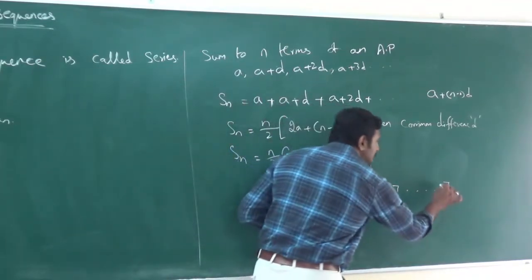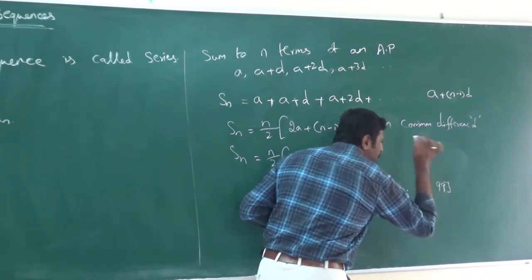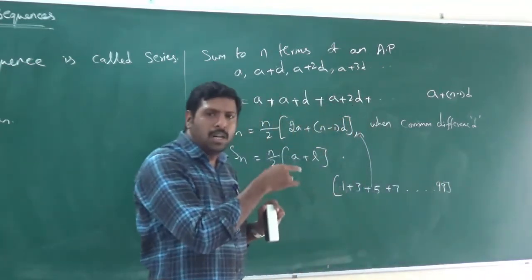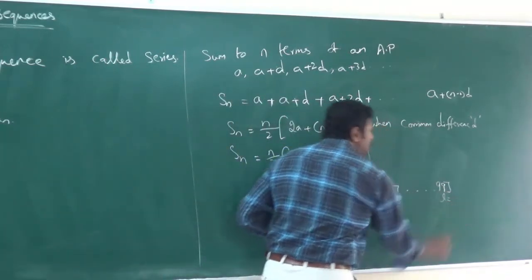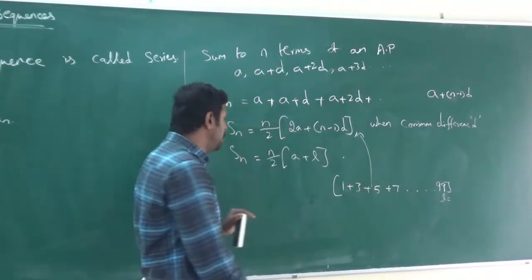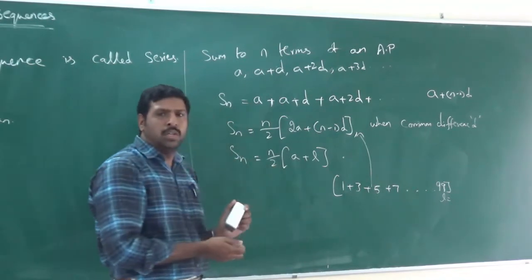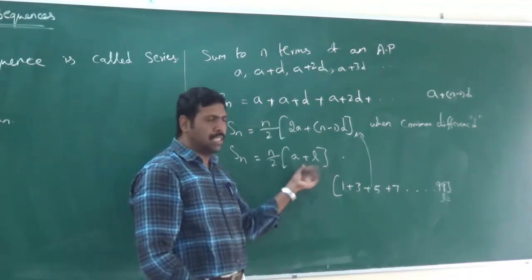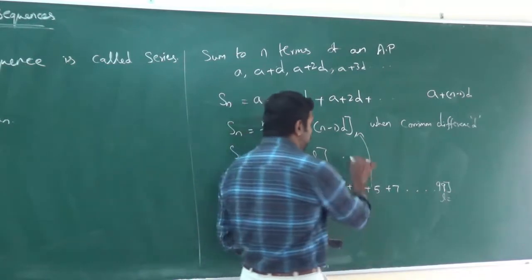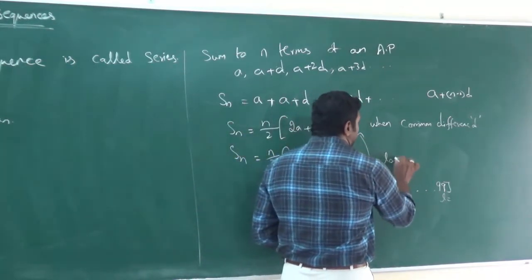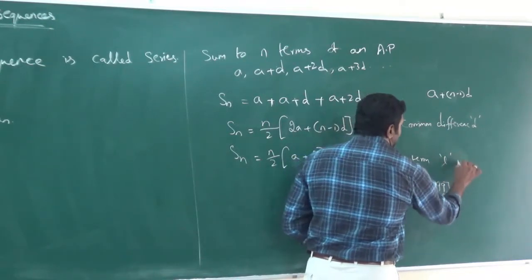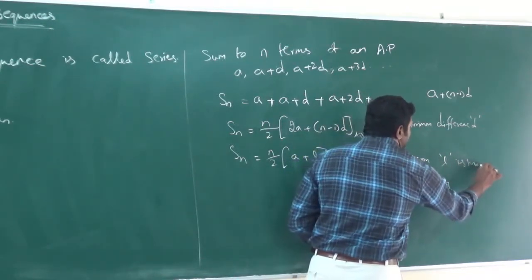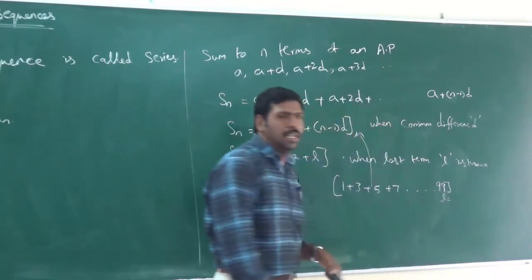Suppose in case we have 99 as the last number of the sequence. Here l is known. When the last term of the sequence is known, we use the formula Sn is equal to n divided by 2 into a plus l, right?